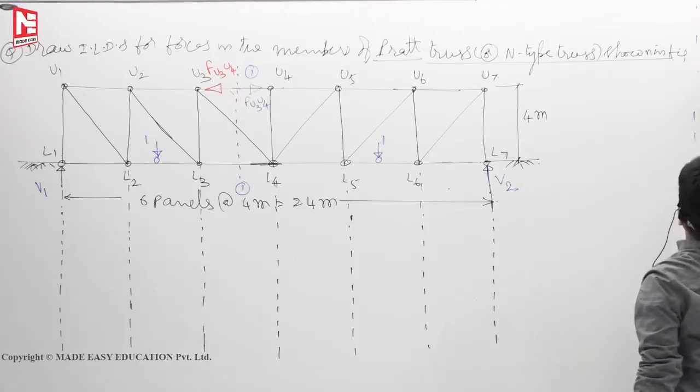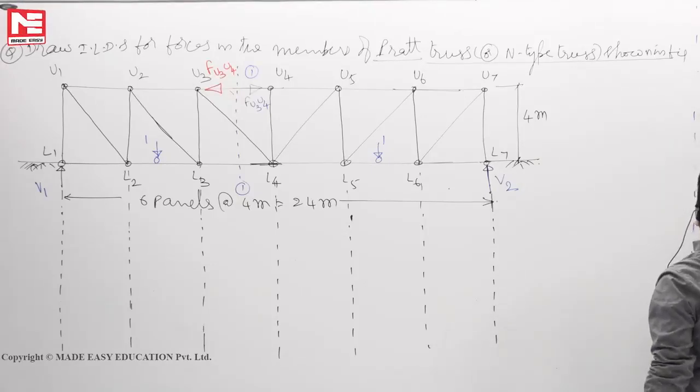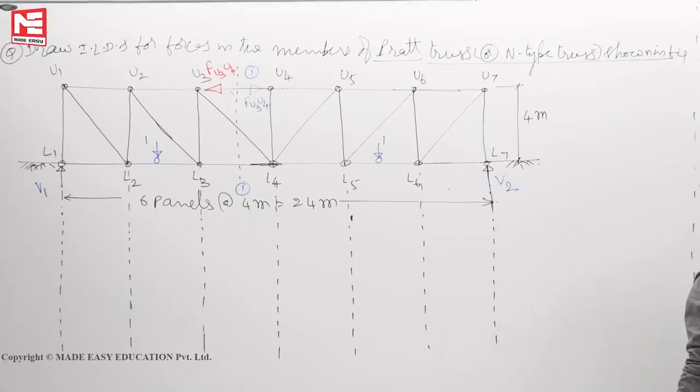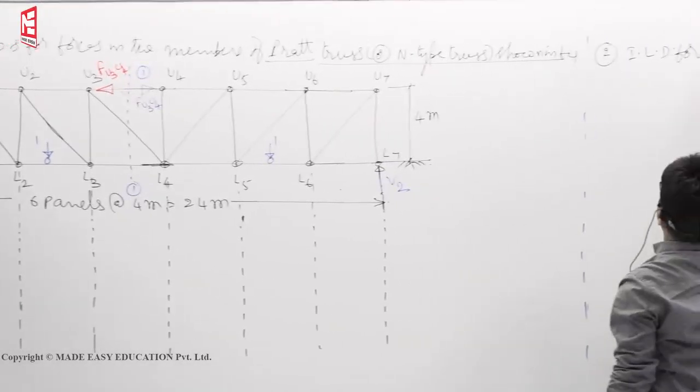Okay. Now second one we want to draw ILD for F U3 L4.